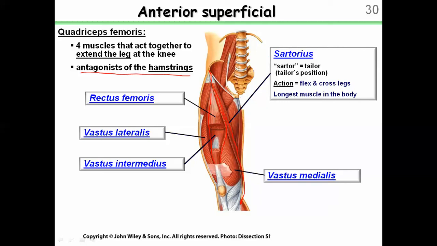It comes from the word sartor, which is a tailor, someone who measures sizes for a person's clothing, and they often sit in the tailor's position, which is crossing the legs. This happens to be the longest muscle in the body. Very long, very slender, very distinct superficial muscle of the thigh.